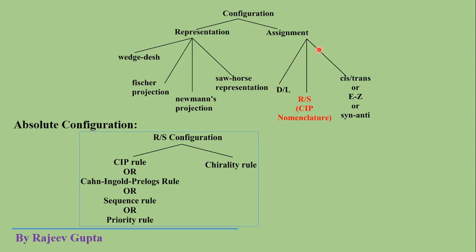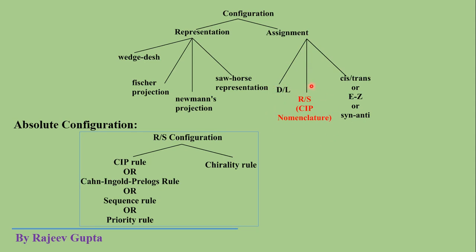There are many types of assignments for chiral carbon or chiral molecules. Generally we represent a DL configuration or DL assignment, generally assigned for carbohydrates and amino acids, where we see hydroxyl group or amino group position in Fischer projection, whether it is right hand side or left hand side. So it is a relative configuration.